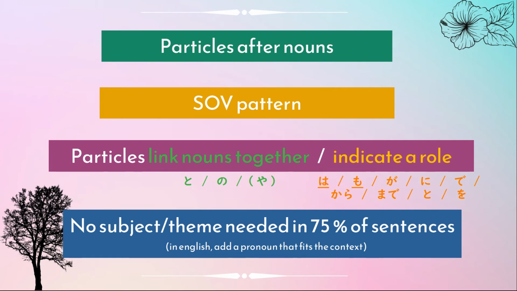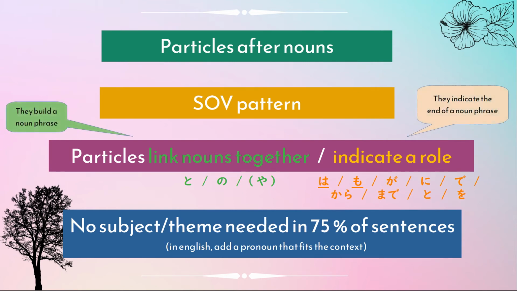Actually, they don't indicate a grammatical function, but whatever. So what does this mean? It means that when you use to or no, you are building a noun phrase or a noun group. But if you use the other particles, then on the opposite, it indicates the end of a noun phrase.